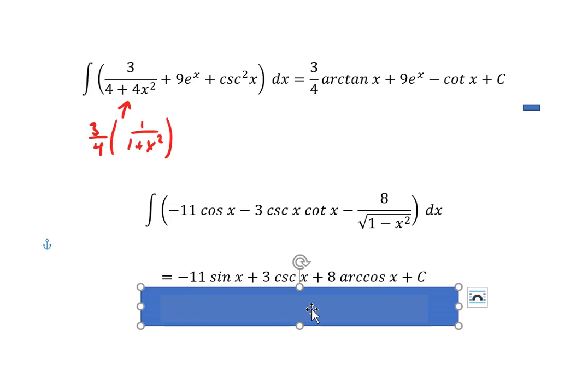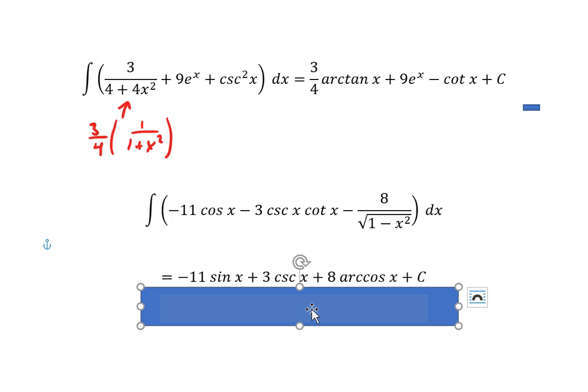And then minus 8 times the integral of 1 over the square root of 1 minus x squared. Now this is where we could possibly have two separate answers. If you include the minus sign in your integral, and you have the integral of minus 1 over the square root of 1 minus x squared, and you have a plus on the outside, you would get 8 times the arc cosine of x plus c, and that'd be a plus 8.